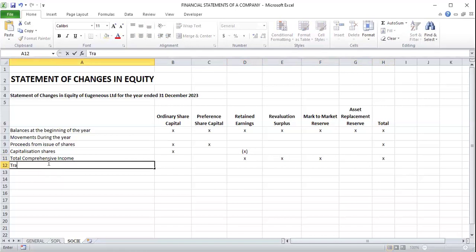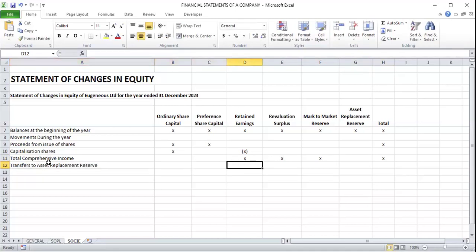Then we can have transfers to asset replacement reserve. Right. An asset replacement reserve is a reserve that is created in order to replace assets in future.